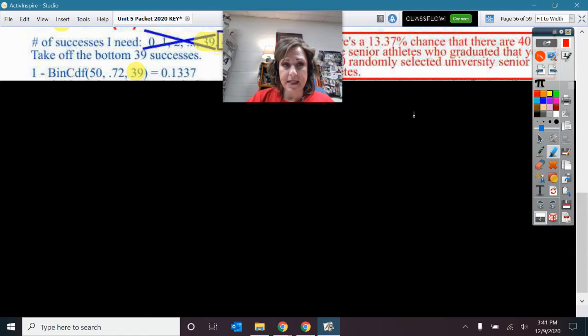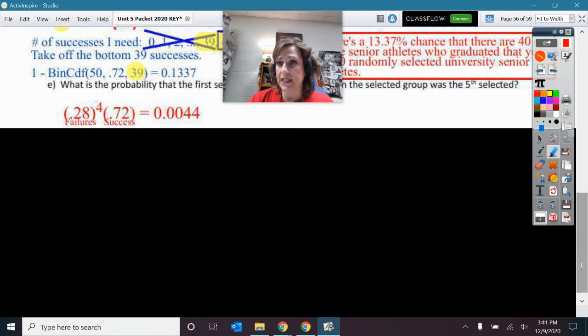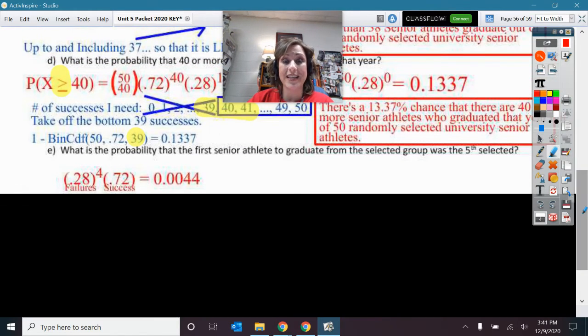All right, and the next one here, let's see. This one is a geometric probability. What's the probability that the first senior athlete to graduate is the 5th one that I select? That is telling me the place. It's not saying 5 out of so many.